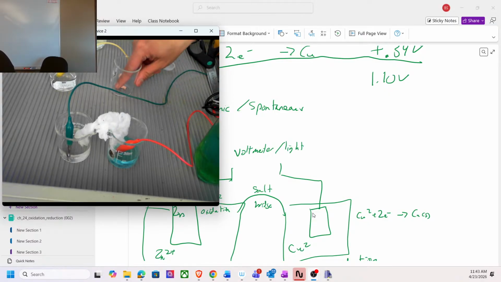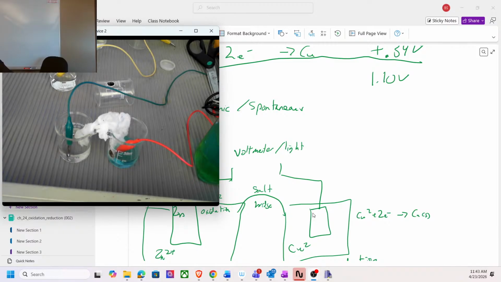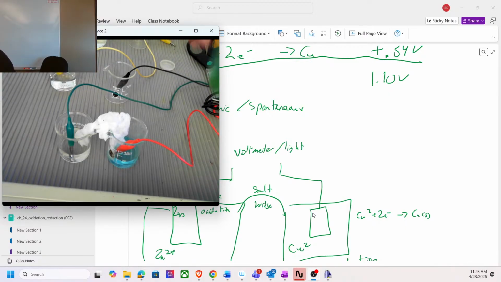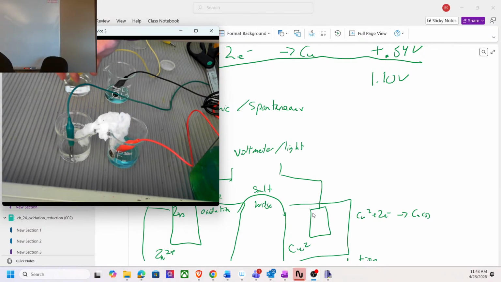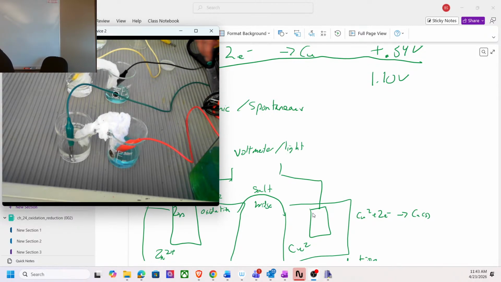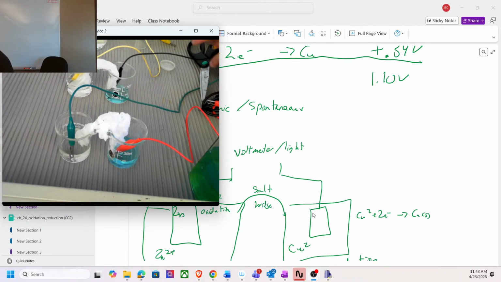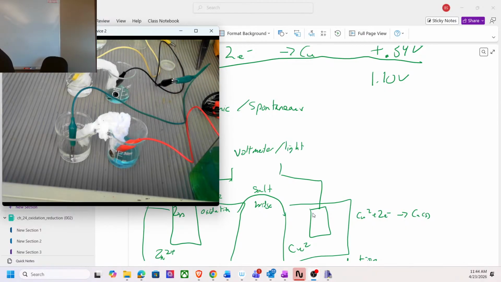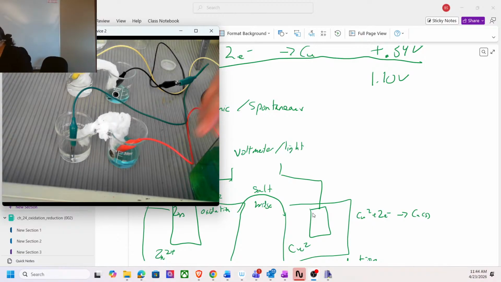Oh, sorry. Need an alligator clip. Bridge. All right, now let's see if I don't screw up the... So this one needs to go to here. And then take this over to this one. Yes.